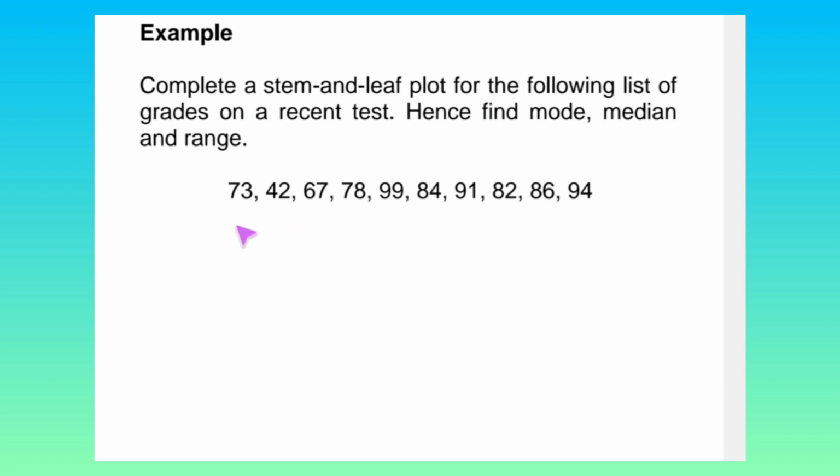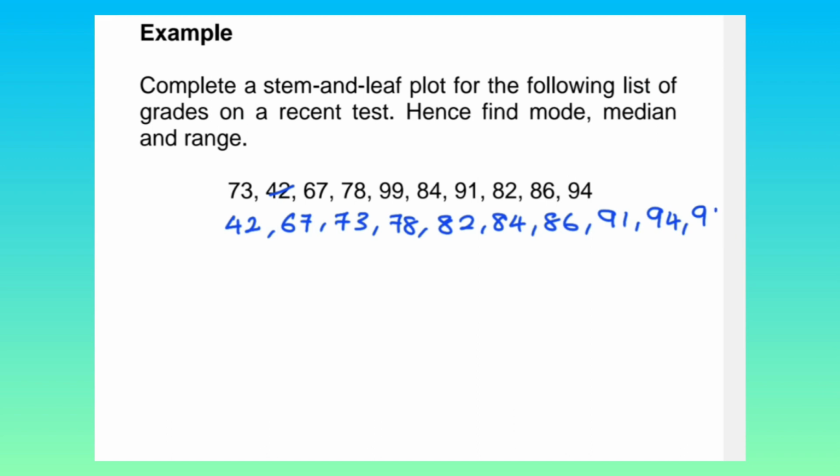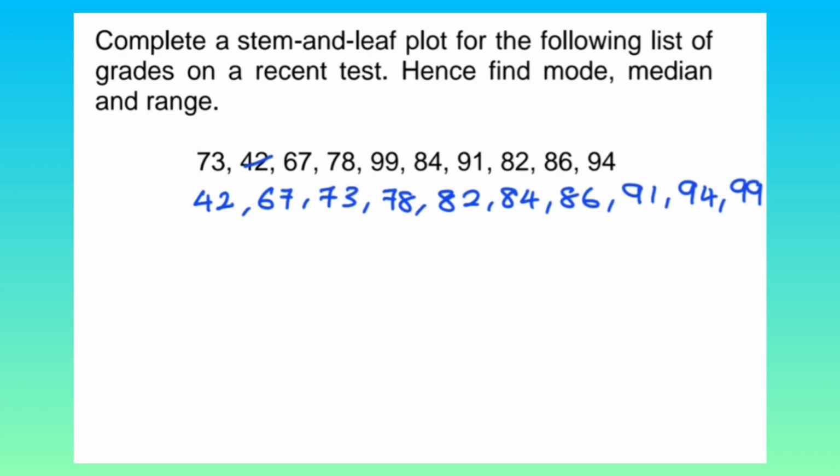So we have here number 42, 67, 73. Then construct a stem and leaf diagram.